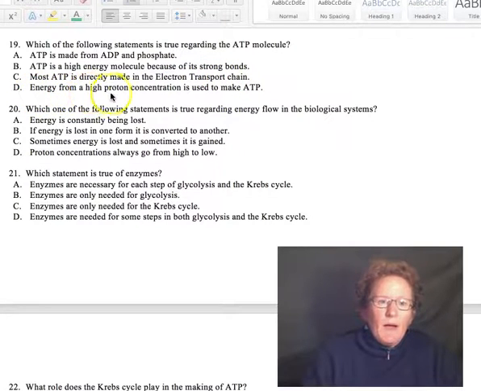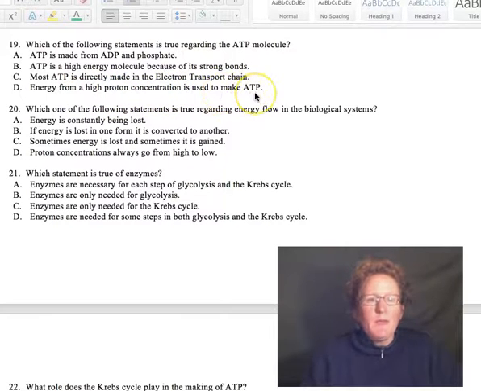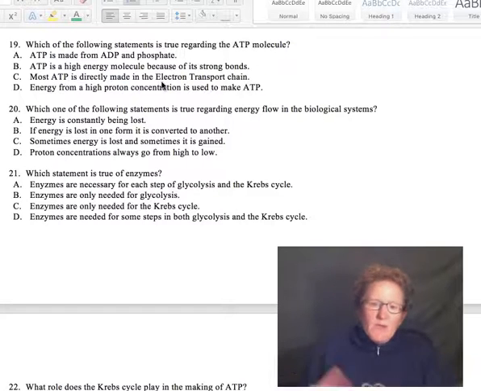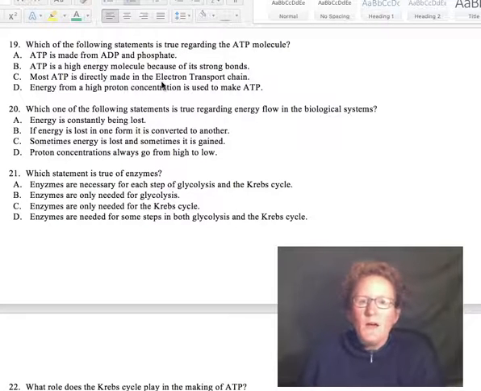No. Energy from a high proton concentration is used to make ATP. This is true. The ATP doesn't actually get made in the electron transport chain. That's where we create the electrical potential by pumping those H+ protons across the membrane, which then flow back through ATP synthase to catalyze that reaction.